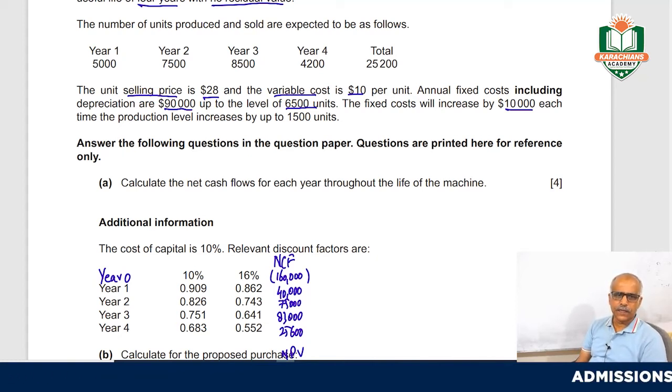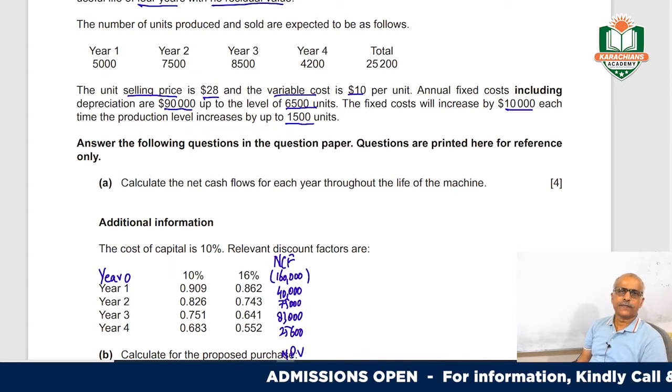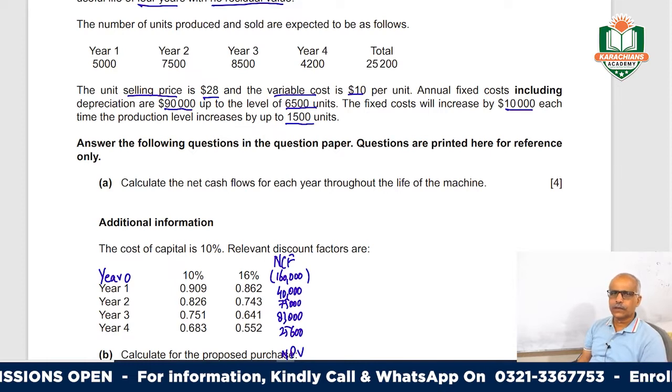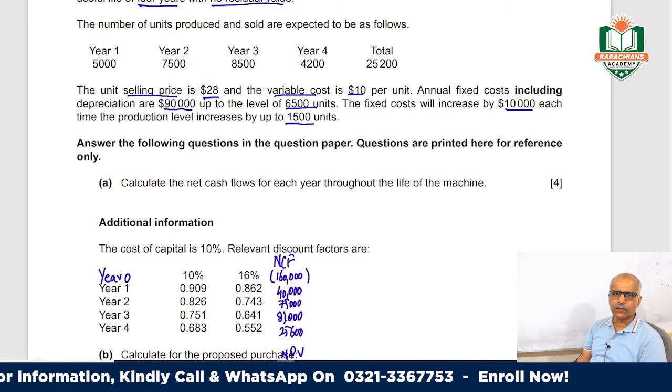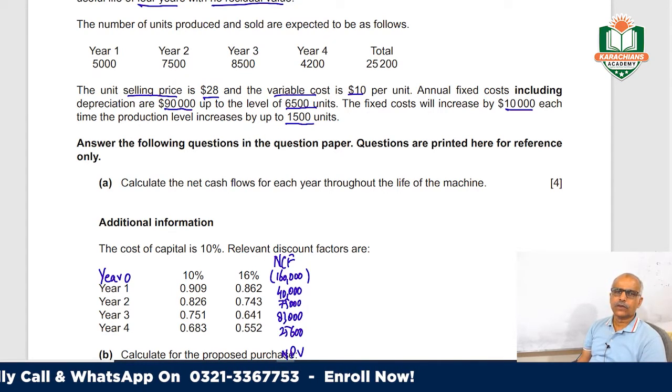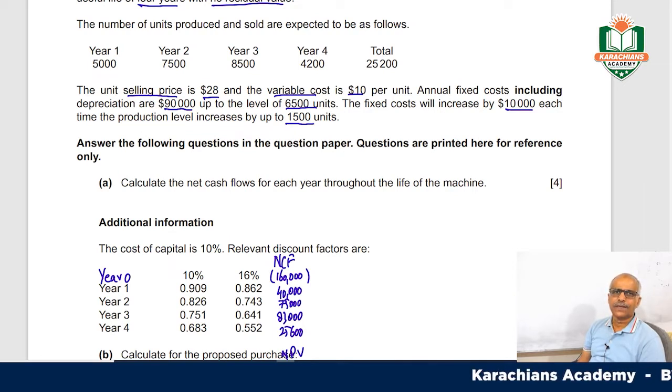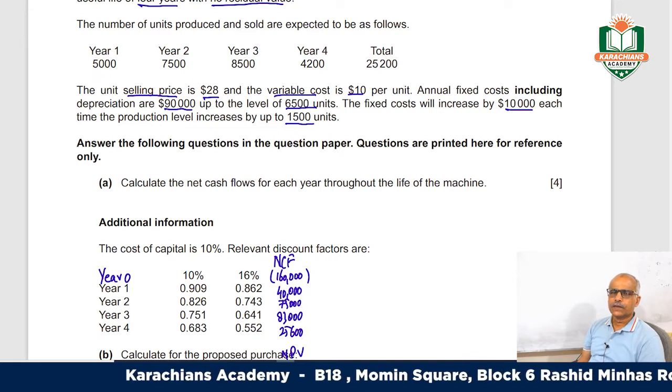Each time the production level increases by up to 1,500 units, 10,000 will be added. So if it is an increase of 100 or 200 or 300 or up to 1,500, there will be an increase of 10,000.